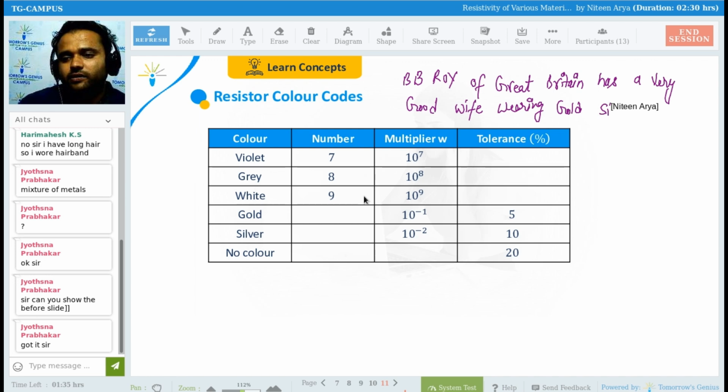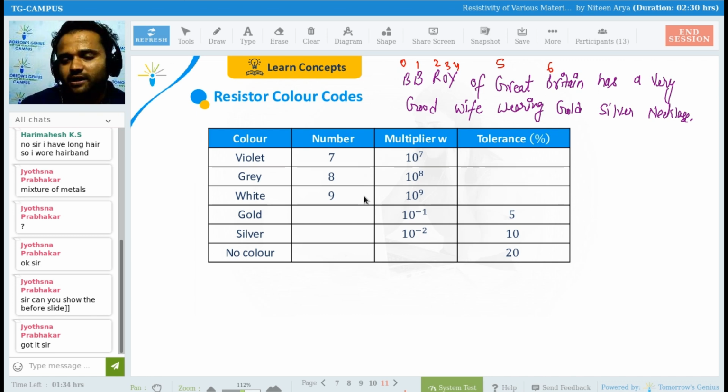Again, it stands for 0, then 1, 2, 3, 4. Skip that. The fifth stands for green, then the sixth for blue.